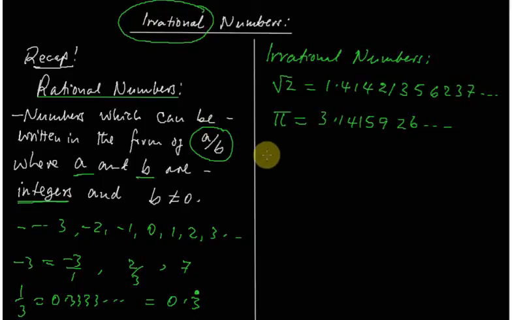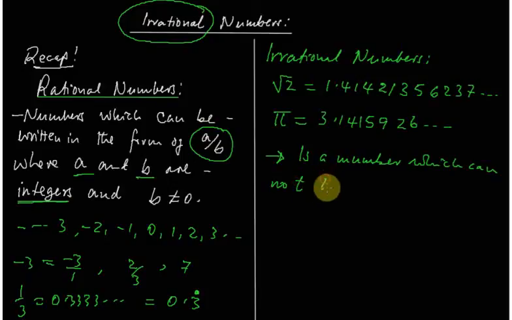So we simply say that an irrational number is a number which cannot be written as a simple fraction.